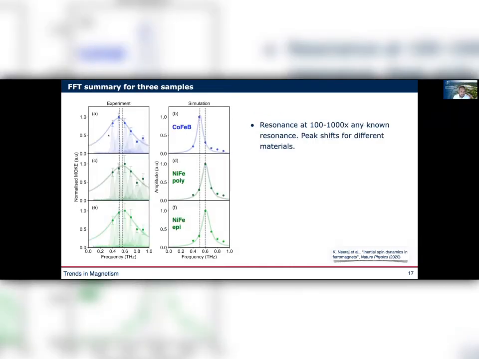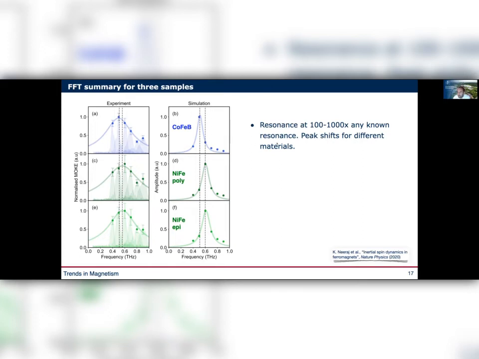So if we compare now, you take all the experimental data and we do this plot. We take the FFT of the response and we plot the amplitude, and we fit with a Lorentzian. We see that for all the 3 materials that we looked at, there was a cobalt iron boron film, and then 2 different crystal instructions of permalloy. We see that indeed there seems to be a resonance between 0.5 and 0.6 terahertz, so 500, 600 gigahertz, which is 100 to 1,000 times higher than any known resonance for this material in these conditions.